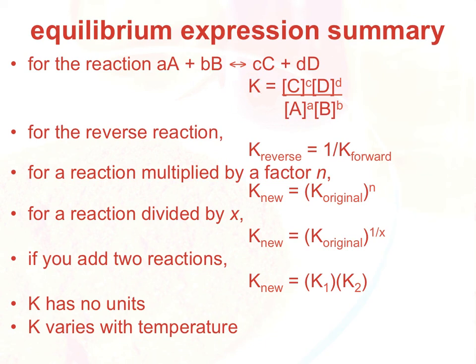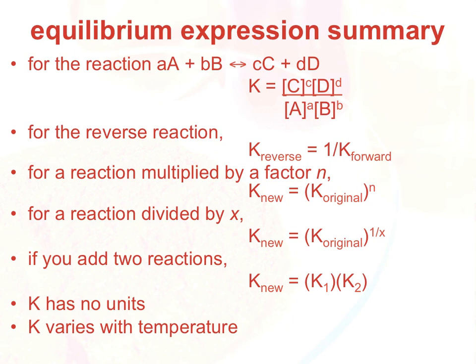We know that we're solving for our equilibrium constant. And basically, these are the equations that allow us to easily interchange between equations. So if I know the equilibrium constant for the forward reaction, in order to find the reverse, I just take the inverse of my forward value. If I multiply a reaction through by some number, I take the original unmultiplied equilibrium constant and raise it to whatever power I multiplied by.